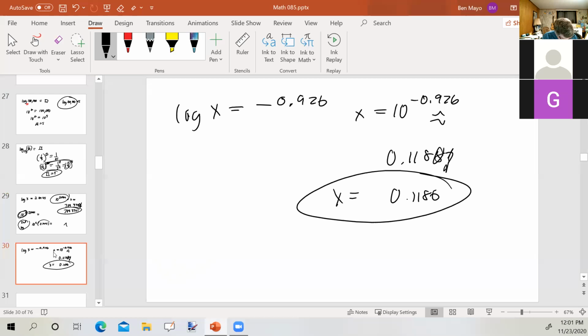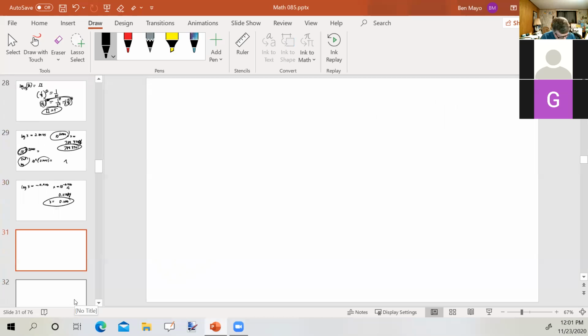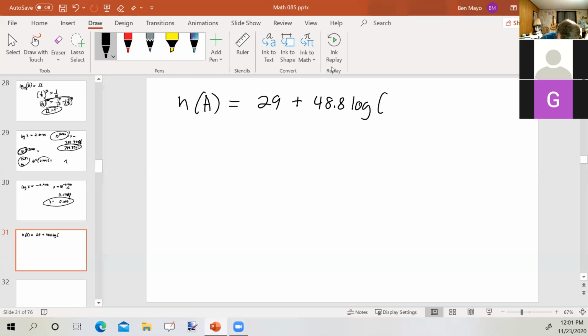Yes. All righty. Here is a story problem. It says children's height. The logarithmic function h of a equals 29 plus 48.8 times the log of the quantity a plus 1 gives the percent of the adult height of a male child a years old has attained.